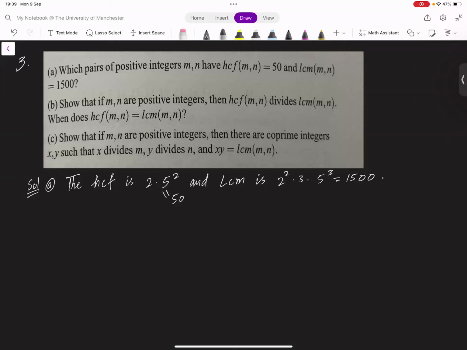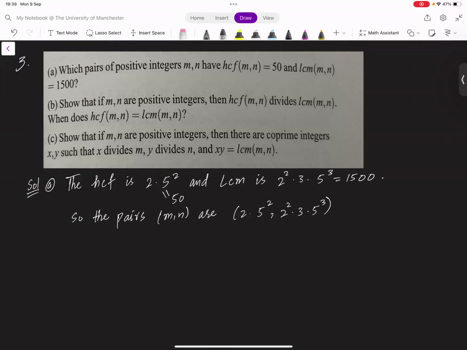Okay, so the pairs m comma n are 2.5 square comma 2 square dot 3.5 cube. Okay, the first one, which we have written here.